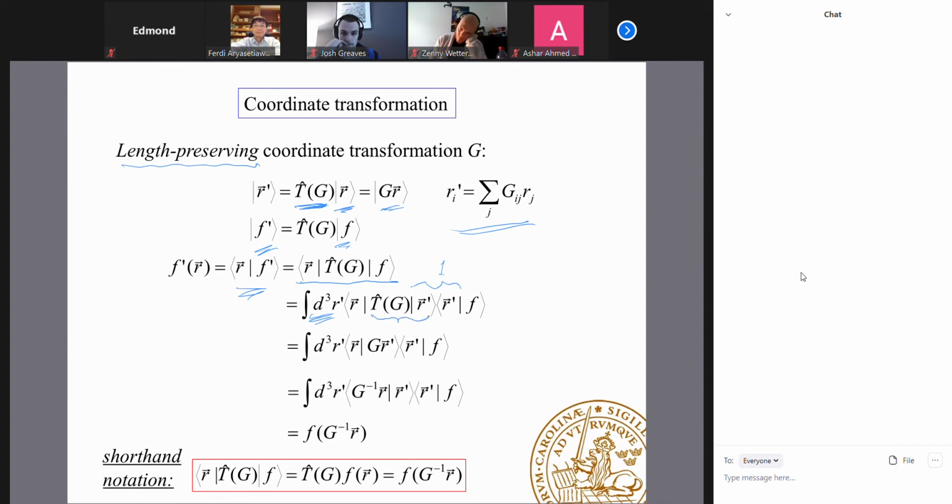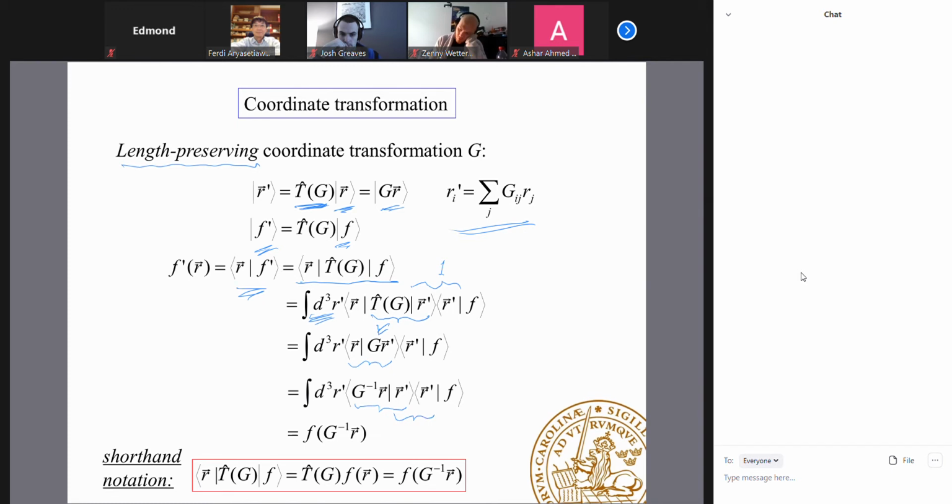That is by definition just give me this GR prime. And this is just a dot product between two vectors, so I can bring the operation to the left, so that becomes the inverse. And then I can use the completeness.